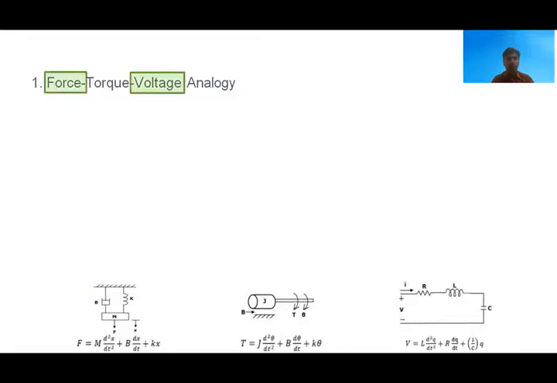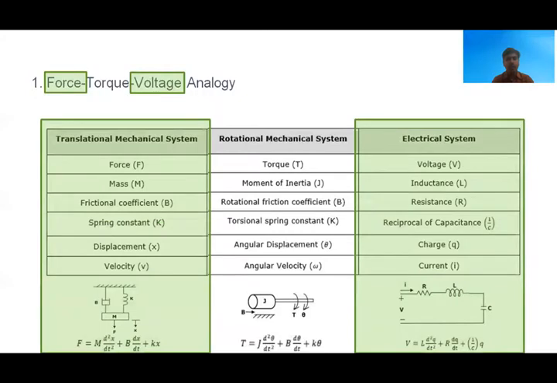First, we'll see only the force voltage analogy. Here, the mechanical translational system has the input as force. It is analogous to the input applied to the electrical system, voltage here.